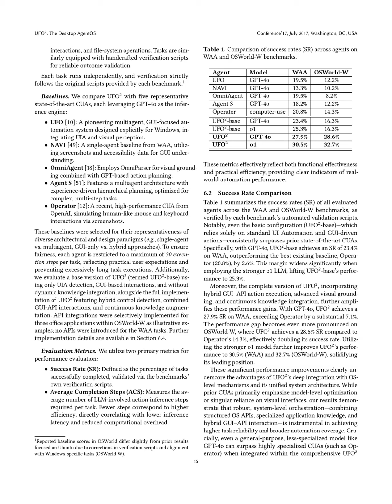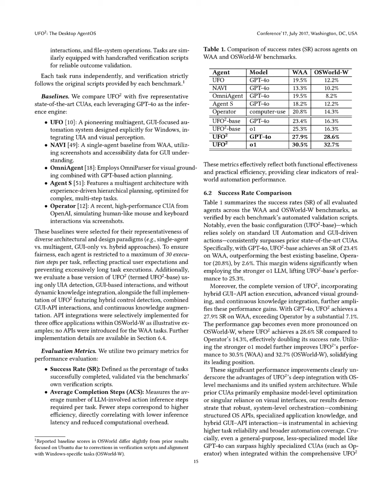The evaluation metrics included success rate (SR), defined as the percentage of tasks successfully completed, and average completion steps (ACS), measuring the average number of LLM-involved action inference steps required per task.